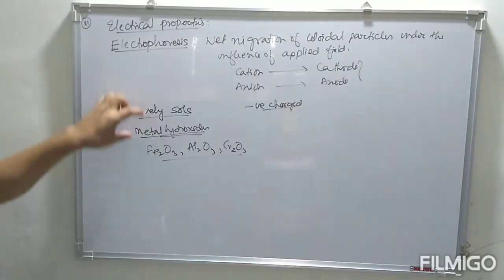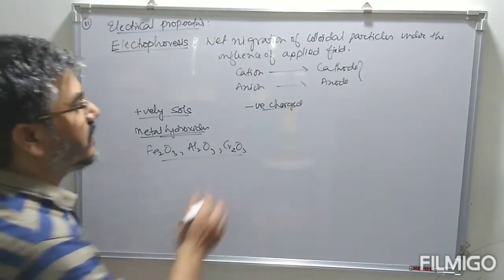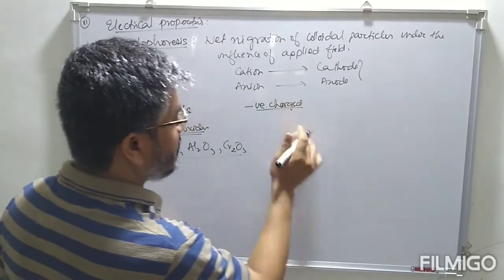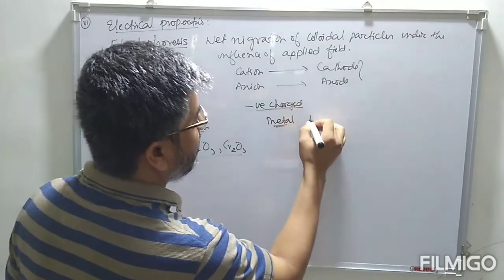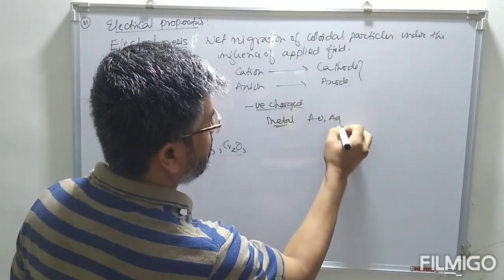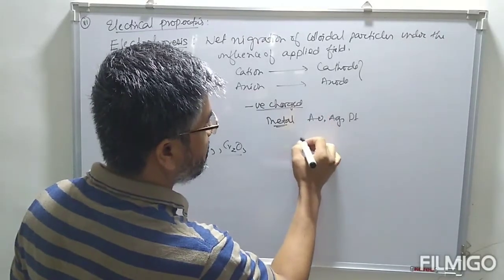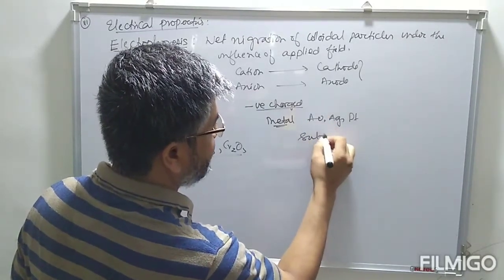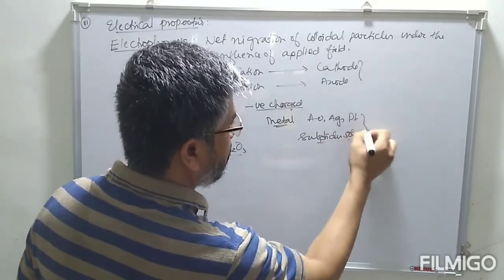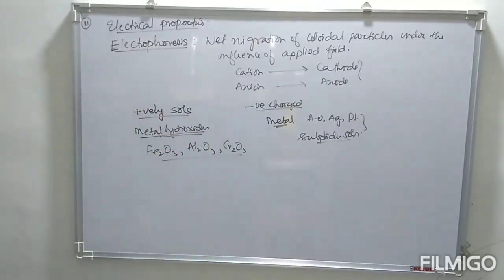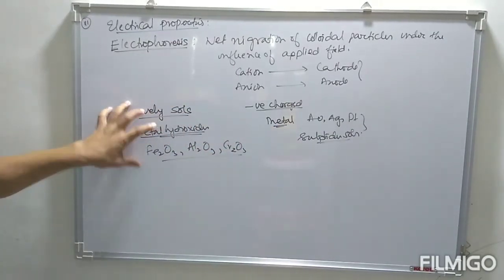Metal hydroxide salts are positively charged, whereas negatively charged ones are metals like silver, gold, platinum, and their metal sulfides. So metals and sulfide salts are negatively charged, and metal hydroxide salts are positively charged.